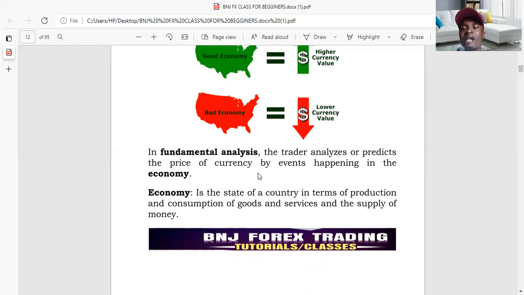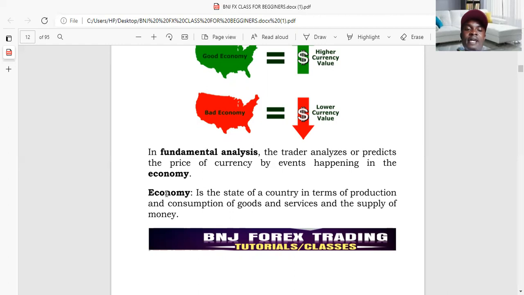So as a trader, you predict the price of the currency you want to trade. You look at the economy, the rate of employment and all that. You'll be able to predict if truly this market is favorable for me to buy or sell. If after prediction the market is favorable for you to buy or sell, you buy or you sell.